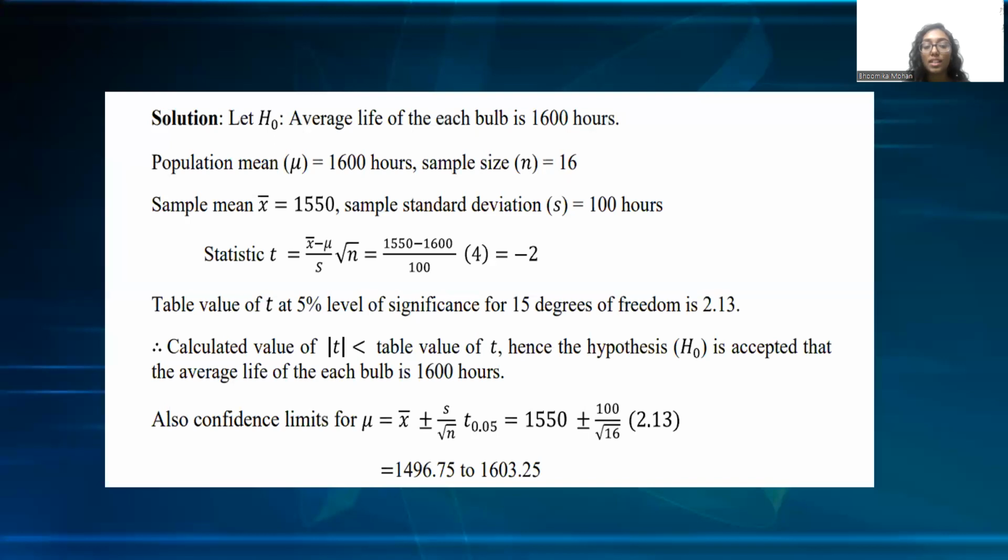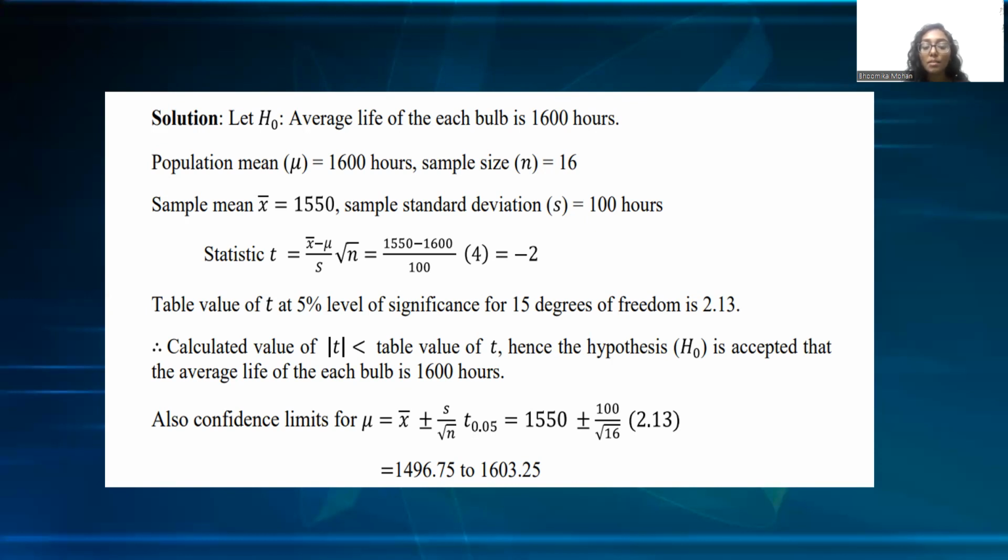Statistic t equals (x bar minus mu) by (s by root n) equals (1550 minus 1600) by (100 by 4), that is minus 2. Table value of t at 5% level of significance for 15 degrees of freedom is 2.13. Therefore, calculated value of absolute t is less than table value of t. Hence, the hypothesis H0 is accepted that average life of each bulb is 1600 hours.